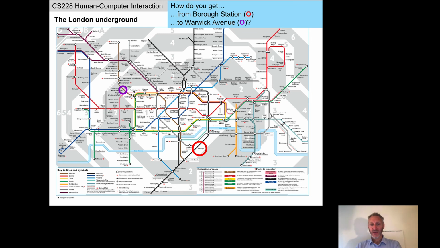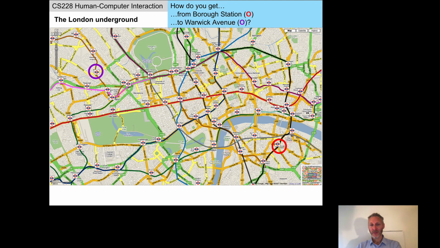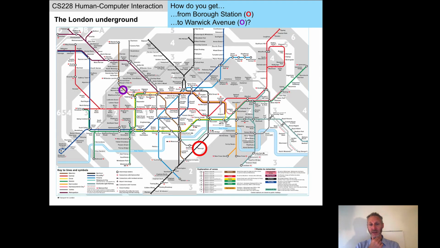You'll notice also that the relative positions of the stations have been moved, right? So if you look at the pairwise distances between stations here, that's closer to reality than the pairwise distances between stations here. So for example, if we go right in the center and look at this relatively short distance between Oxford Circus and Bond Street, that might not actually be true.